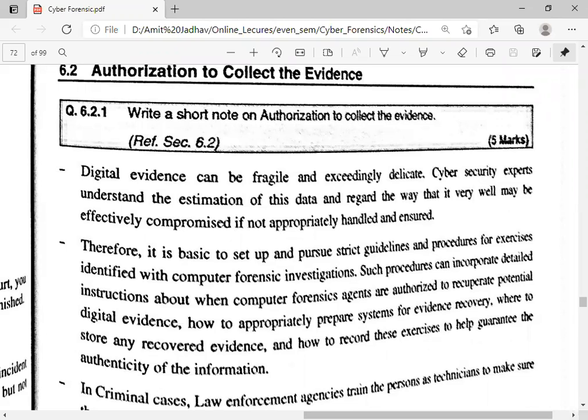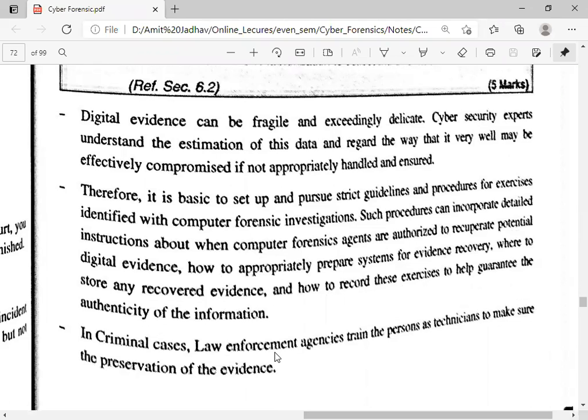So therefore, it is basic to set up and pursue strict guidelines and procedures for activities related to computer forensic investigation. Such procedures can include detailed instructions about when computer forensic agents are authorized to recover potential digital evidence, how to repair and recover evidence, where to store evidence, and how to record it. These activities help guarantee the authenticity of the information.